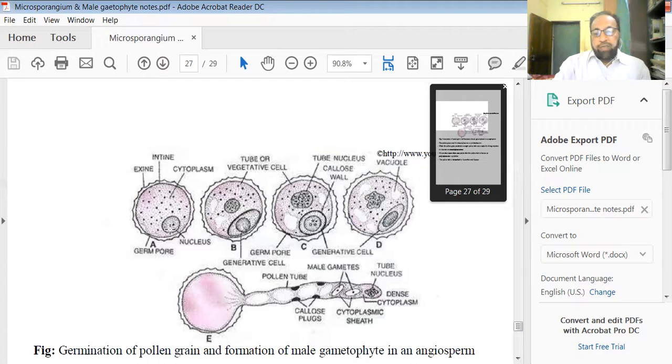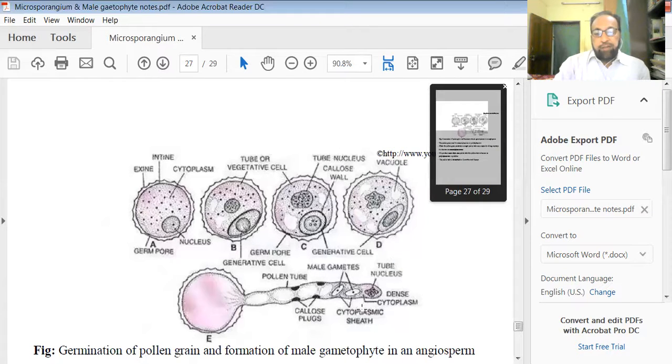This pollen grain which we have seen over there starts to germinate, which means the generative cell starts to enlarge, the division continues, and ultimately in time it enlarges, and these cells go inside toward the tube nucleus. This takes place on the stigma after pollination, and this cell, called the generative cell, divides and redivides and forms different types of cells, called tube cells or tube nucleus.